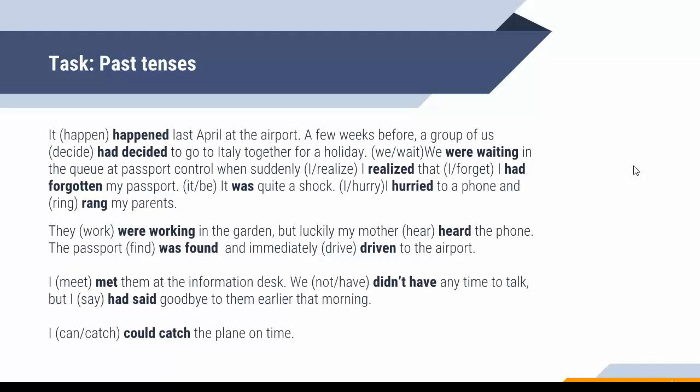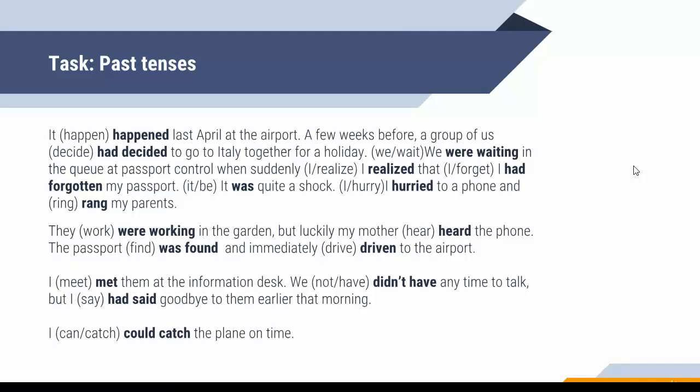A few weeks before, so we are moving one step back in time, a group of us had decided, past perfect, to go to Italy together for a holiday. We were waiting in the queue at the moment, while this one was happening, so the main tense is past simple.